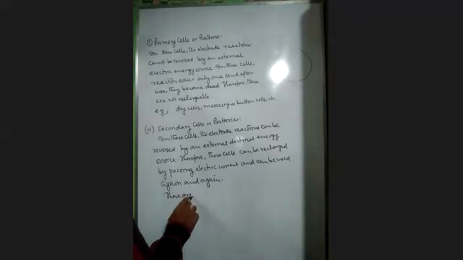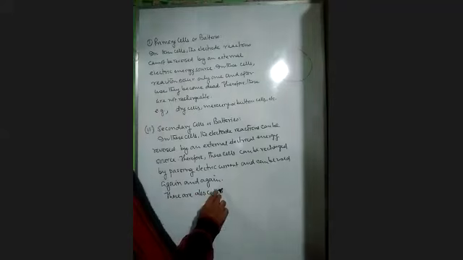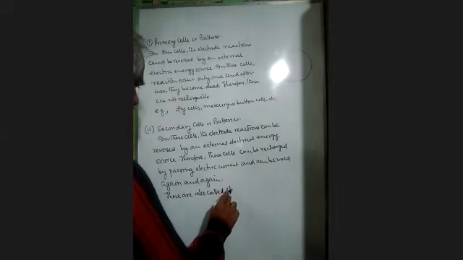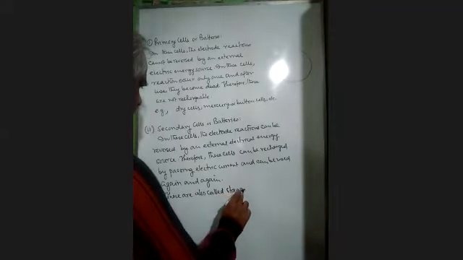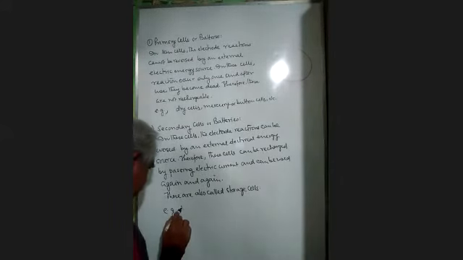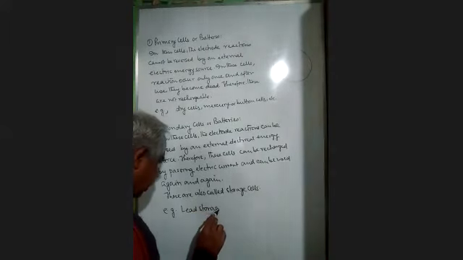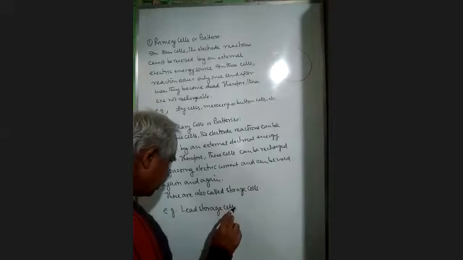These are also called storage cells, because you can keep them for a long time, so you can store them. Example, the battery that you use in your car, automobiles, we call it lead storage cell.